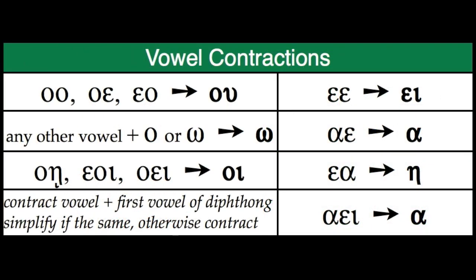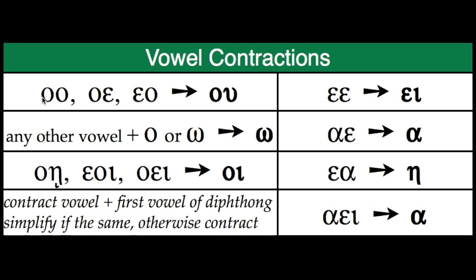Here are the rules for vowel contractions. Now don't get too worked up about this, worried, oh no, I'll never memorize all this. Again, most important is seeing the shapes, but I do want to show you how this happens and give you some specific examples so you can see.